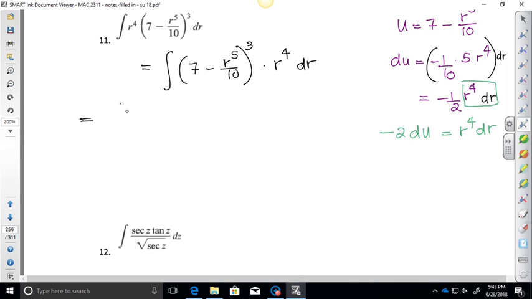So this is going to be the integral, tell me, u to the 3 first, negative 2 du, right? You can pull negative 2 out, which is a constant. So it's going to be negative 2 integral u cubed du. What's the integral of u cubed? U to the 4 over 4.